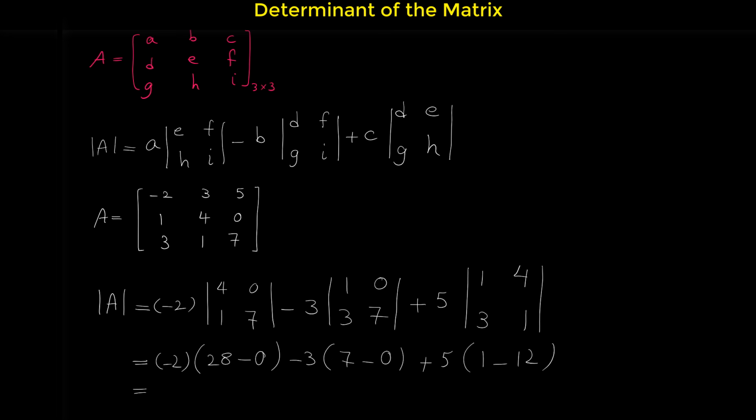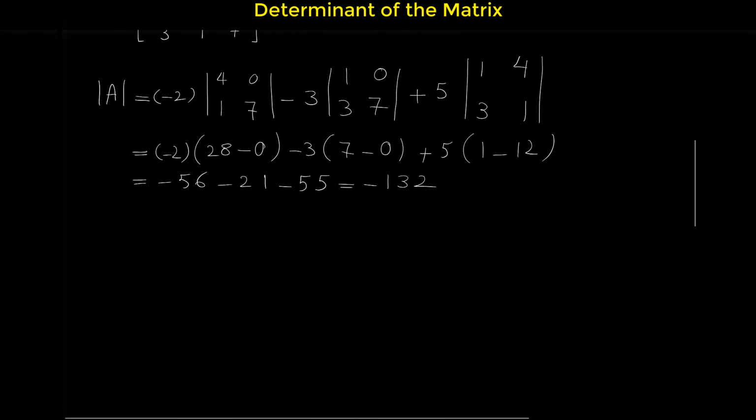This equals -2 times 28 is -56. This is -21, and here we have -11 times 5, which equals -55. And this equals -132.